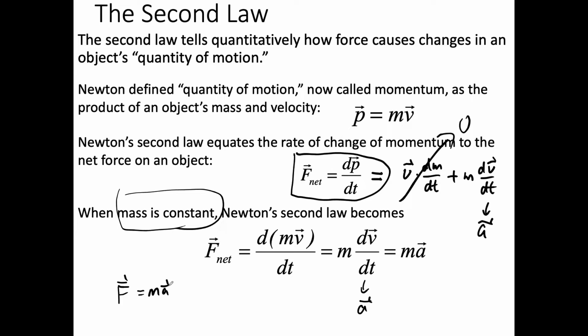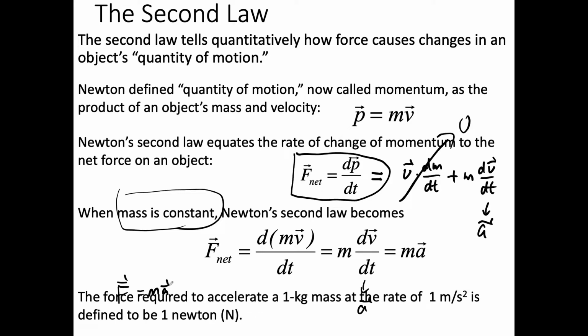But fortunately for us, in this chapter we treat m as a constant almost always. From Newton's second law, we can find that the unit for force is the same as the unit of mass times acceleration.